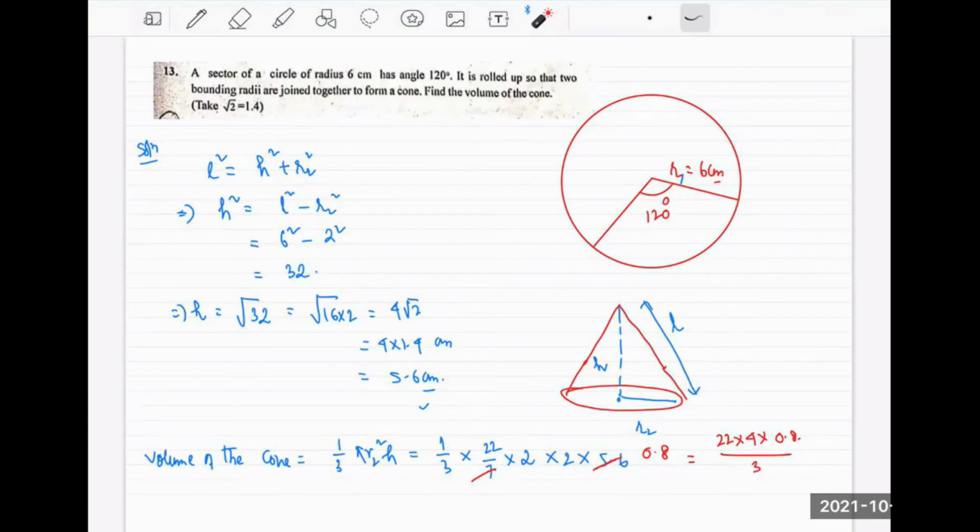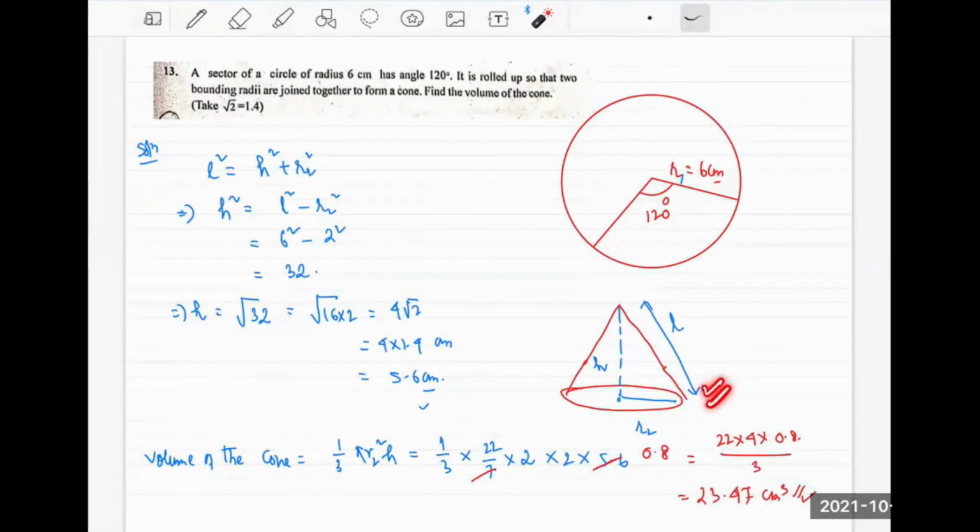Let me just check it out to make it faster. So the final value is 23.47 centimeter cube. We obtained 23.46666, so we shorten it and make it 23.47 by approximation.